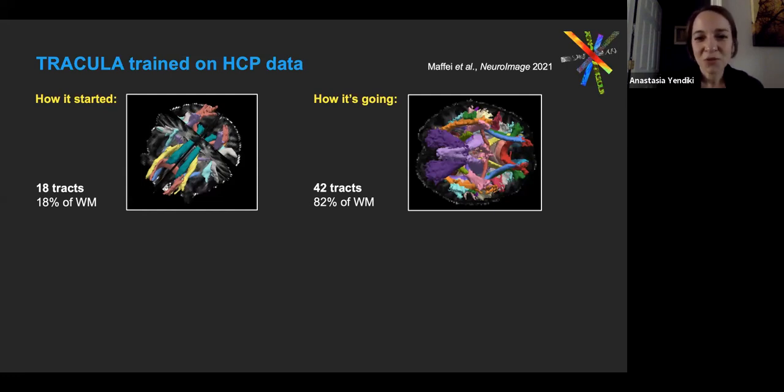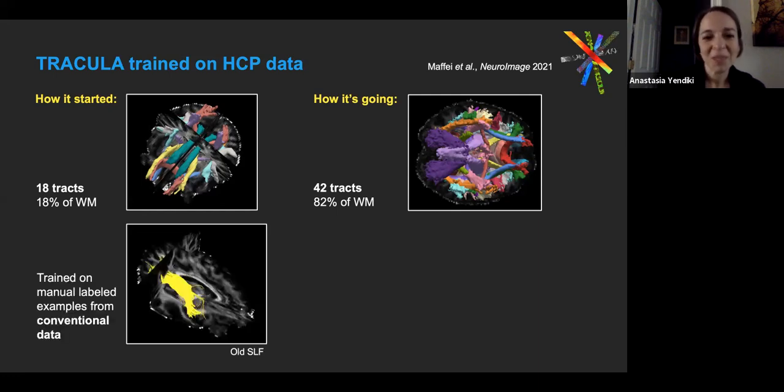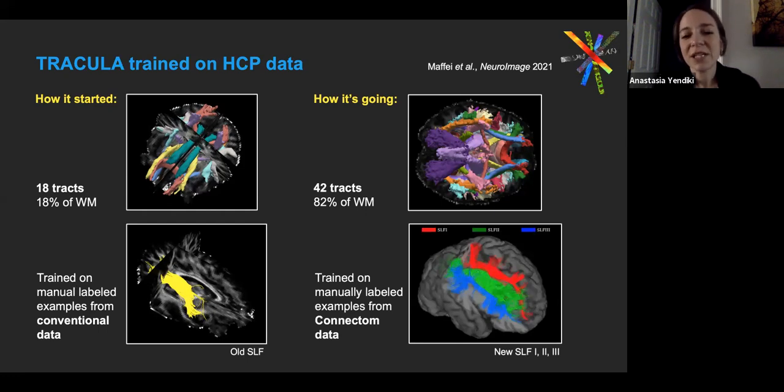It's not just the number of tracts that increased the coverage, it's that in our old version, for the manually labeled training data, we had used conventional data that was available 10 or even more years ago. And in the new version, we are using data from the connectome scanner from MGH, from the Human Connectome Project, to perform the manual annotation of the tracts and to train TRACULA.